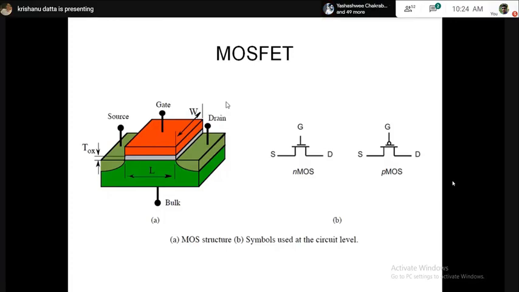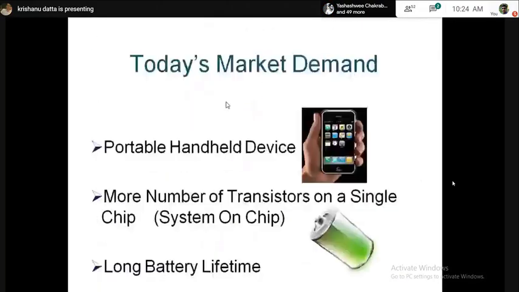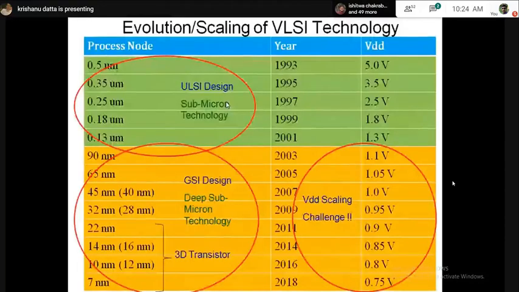If transistor area is 50%, then when you go to the next technology, in the same silicon area you can put double the number of transistors, because transistor area got reduced by 50%.